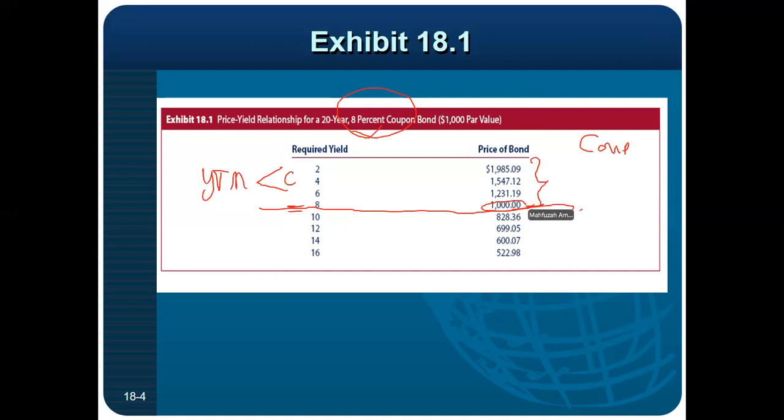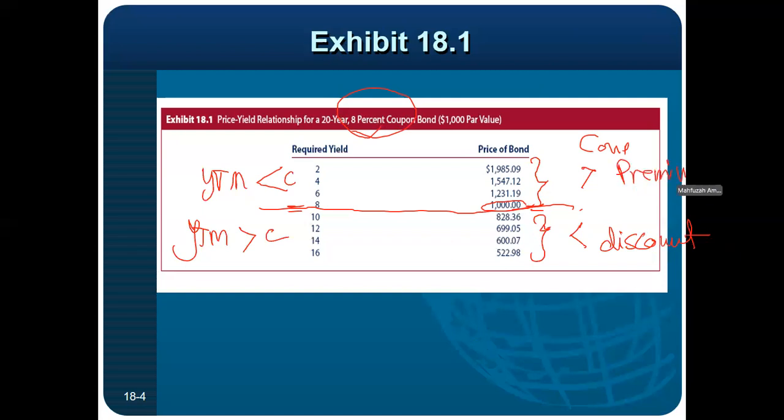It means the price of bond is higher. But if the yield is more than the coupon rate, the price of bond will be at a discount. Discount means the price is lower; at premium, the price is higher.